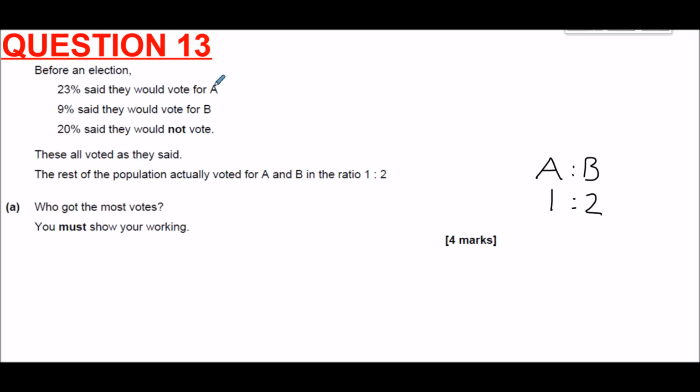First of all, let's work out what percentage of the population we can account for up here. So we've got 23% voting for A. Let's do a little list actually, just total votes. So we've got A, B, neither.